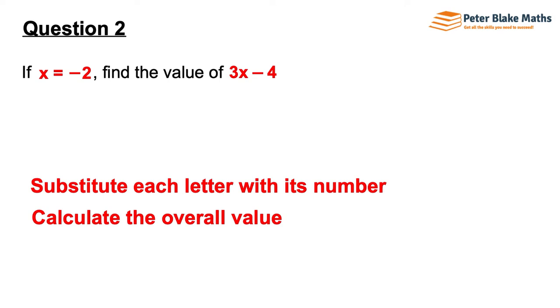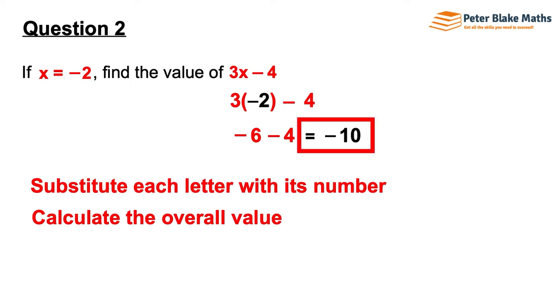So instead of 3 lots of x, we'll have 3 lots of minus 2 because we're told at the beginning of the question that x equals minus 2. And then we'll have the minus 4 after that. So 3 lots of minus 2 makes minus 6, minus another 4 carefully on the number line, gives us a final answer of minus 10.